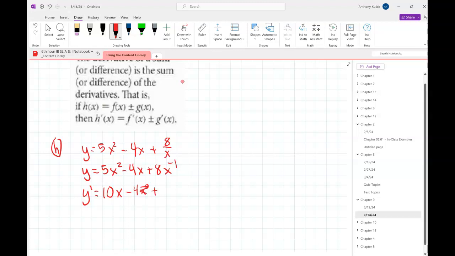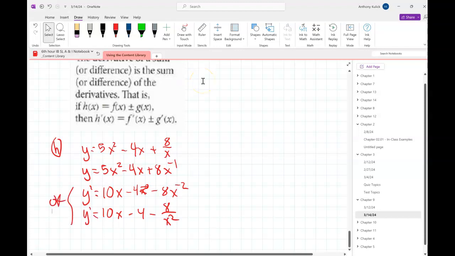So we can just write minus 4. And what does this last one become? Negative 8. Or if you wanted to, you could write it that way. Either one is fine, though, right? Both of those would be okay.